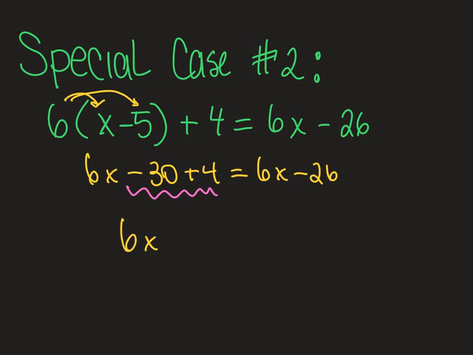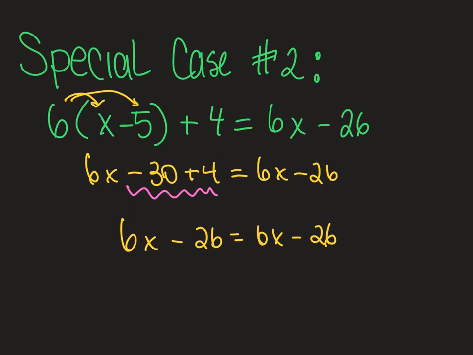Negative 30 plus 4 is a negative 26 equals 6x minus 26. Oh, hey, what have I got going on here? I've got exactly the same thing on both sides. I don't really have to go any further. I could subtract 6x, and I would get the numbers equaling each other.